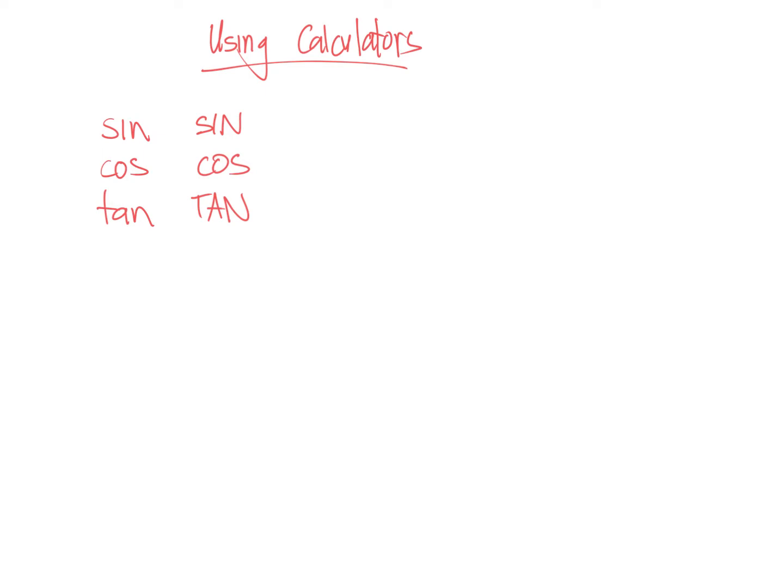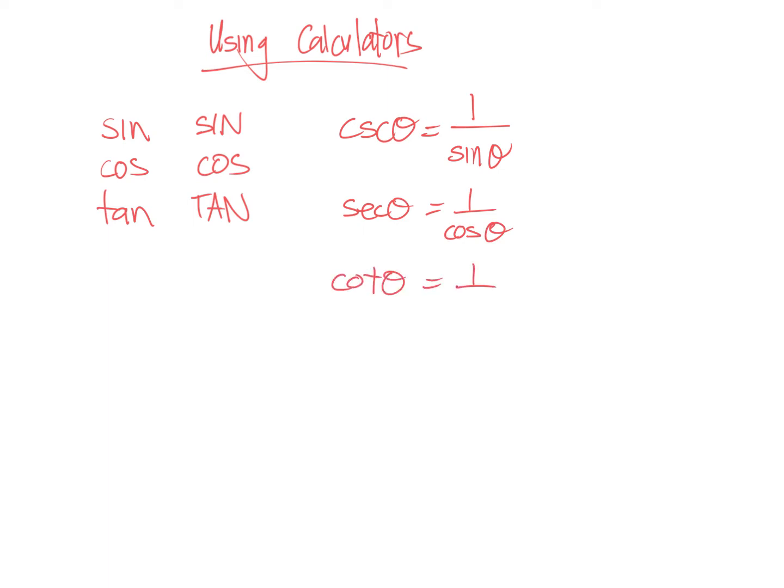And if we don't have a button for cosecant, secant, and cotangent, remember our identity: cosecant of theta is 1 divided by sine of theta. So on your calculator, if there's no button for that, you just write 1 divided by sine of theta. Same thing for secant of theta, you write 1 divided by cosine of theta. And for cotangent, we write 1 divided by tangent of theta.